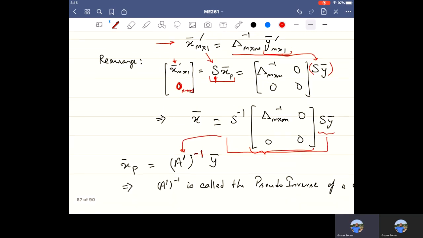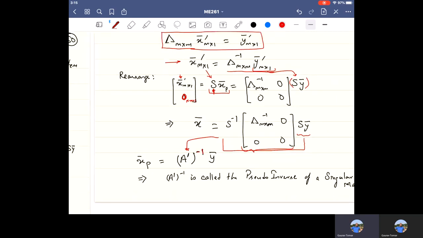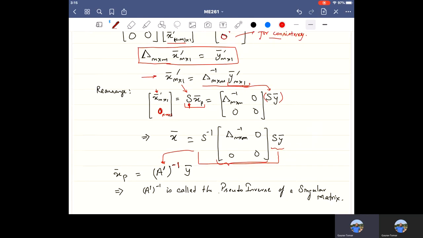And this kind of inverse is called a pseudo inverse, and it's used extensively for non-square systems also. When we are talking about the least square method, we use this concept of pseudo inverse. This was introduced by Moore and Penrose.